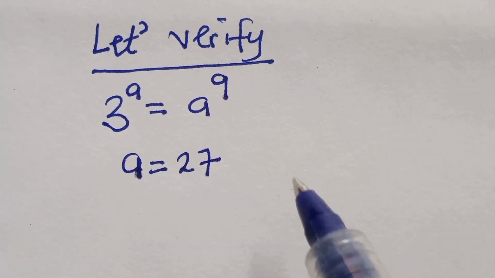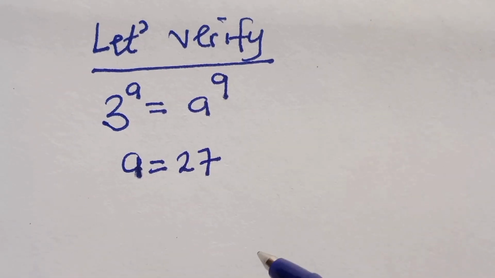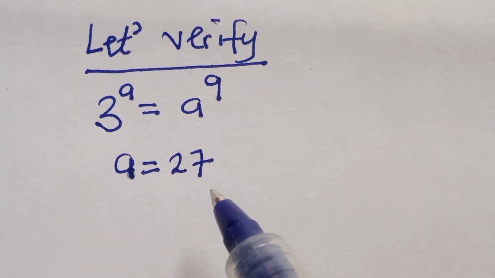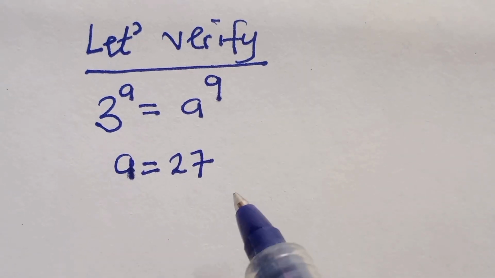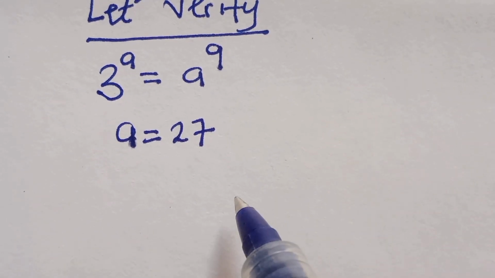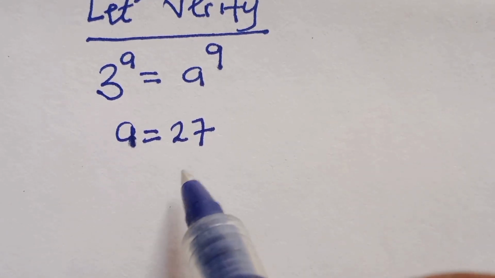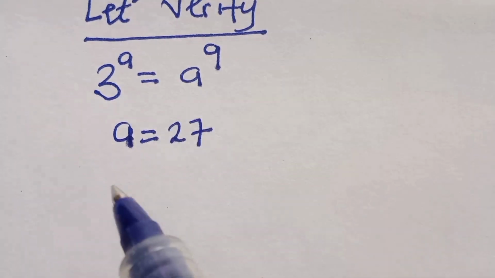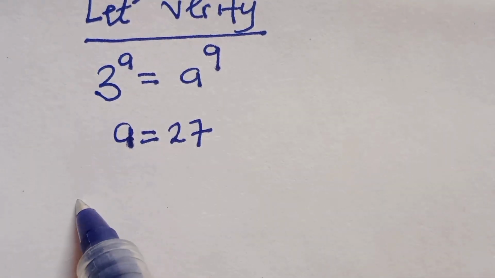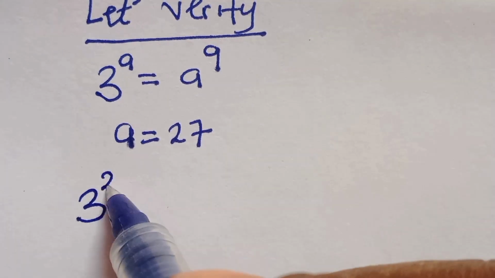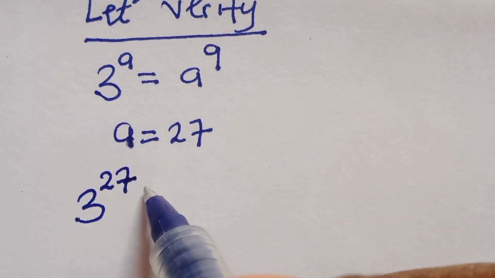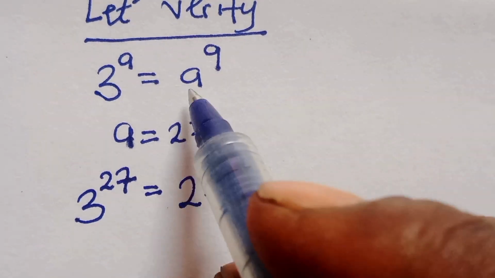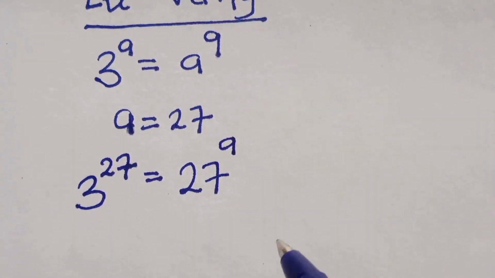Now let's substitute for the value of a into the original equation and see if we are going to get the same thing in our left and right hand side, so that we'll be able to decide if our calculation is correct or not. So let's now substitute for the value of a. So now we're having 3 raised power 27 now be equal to what? 27, that is a raised power 9.